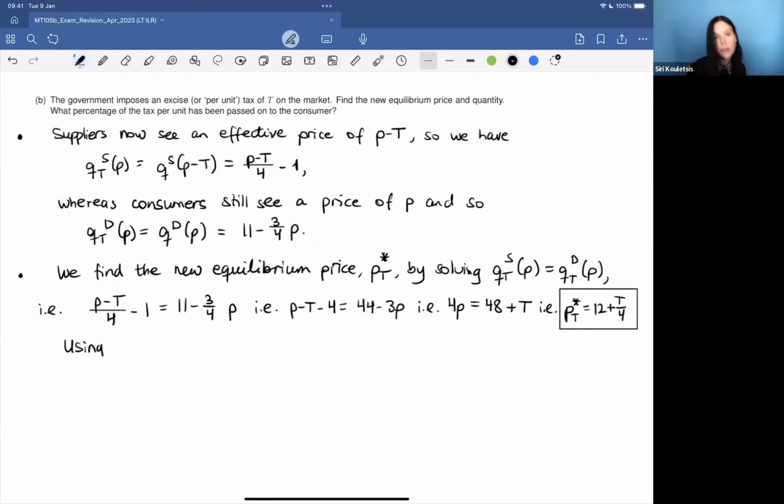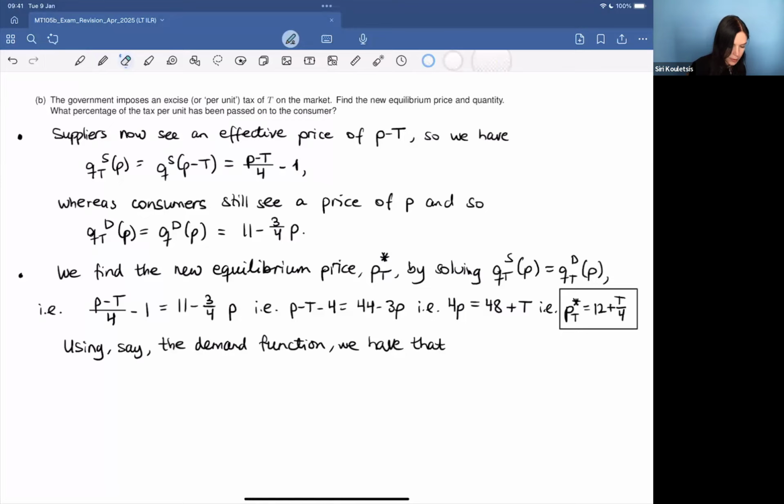Then we substitute this back into either the demand or supply function. We could use the demand function here to see what Q star is.